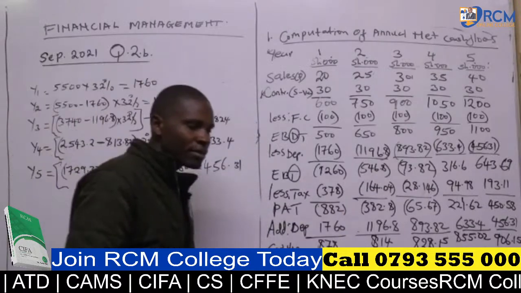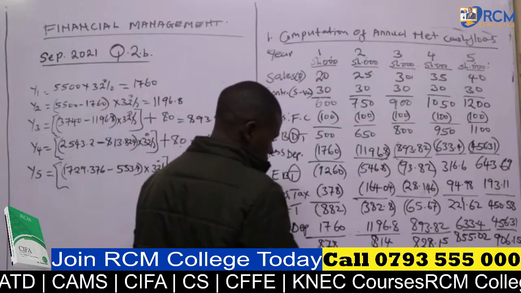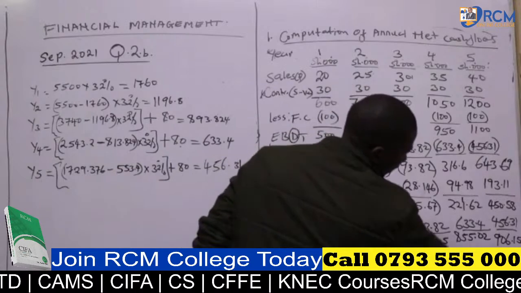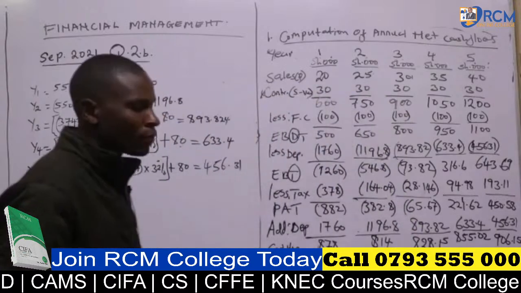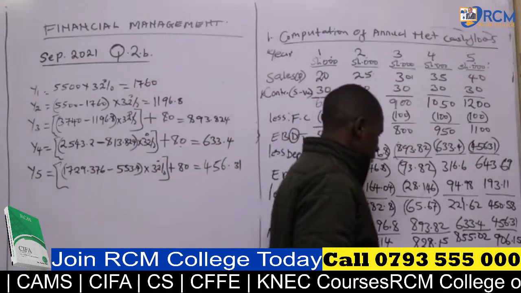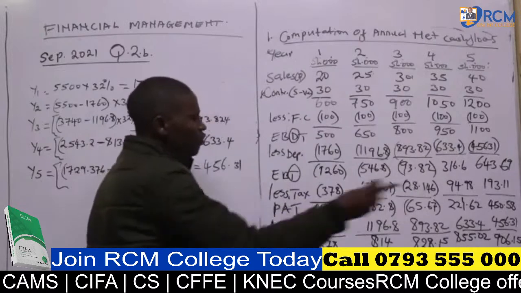Ni safari mzuri kabisa. So you multiply the two. Annual net cash flow, you multiply. Multiply for me 878 times the PVIF. Year 1, you can start with any. There's no order.